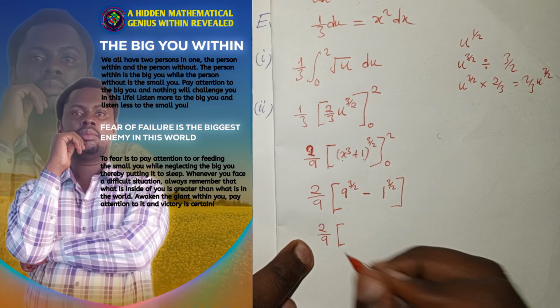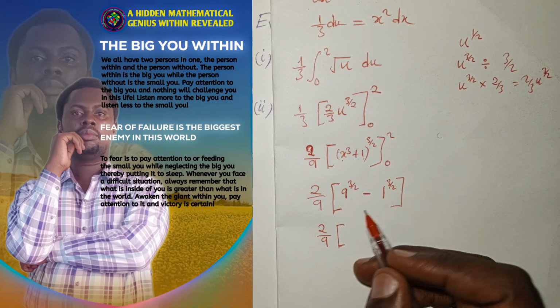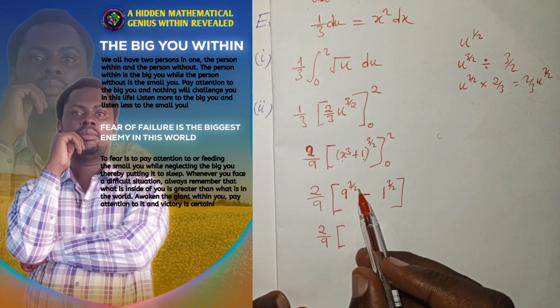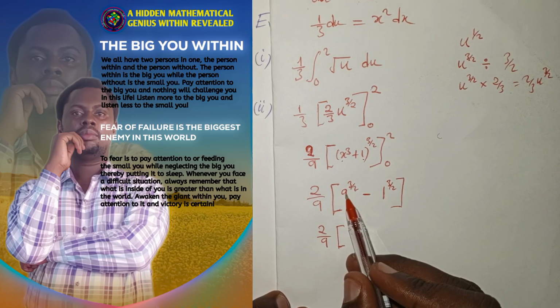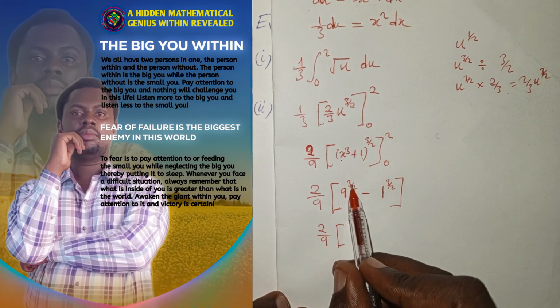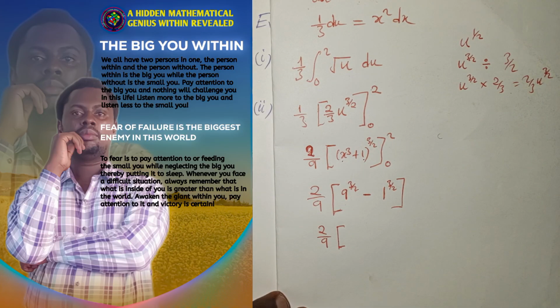So we have 2 over 9, then in brackets we are going to have 9 to the power 3 over 2. We know that if you have a fractional power, the denominator is the root and the numerator is the power. The denominator here is 2, so we find the second root of 9, that's the square root. The square root of 9 is 3, then 3 to the power 3 is 27.